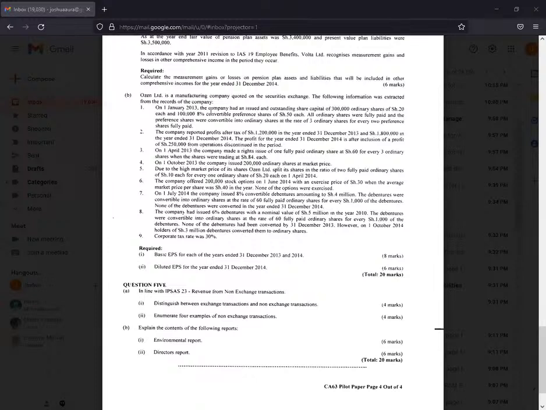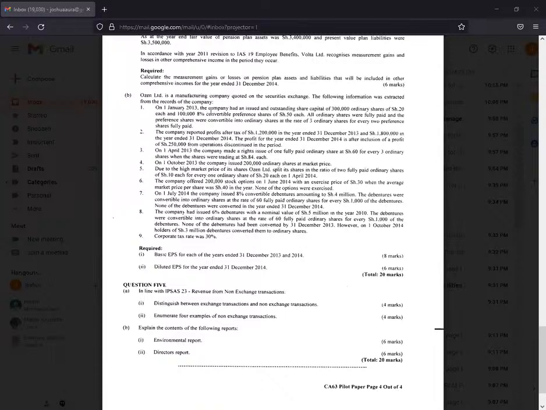All ordinary shares were fully paid, and the preference shares were convertible into ordinary shares at the rate of 3 ordinary shares for every 2 preference shares fully paid. Easy things. The company reported profits after tax of 1.2 million in the year ended 31st December 2013 and 1.8 million in the year ended 31st December 2014.